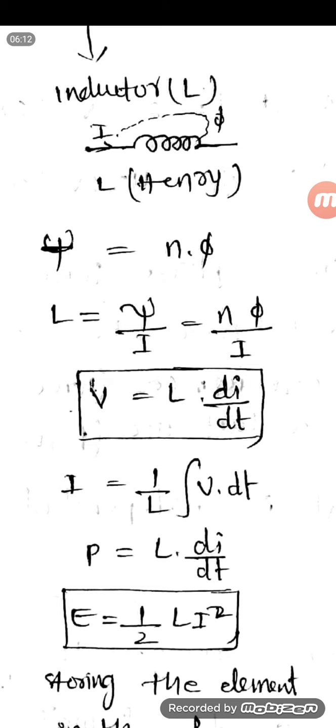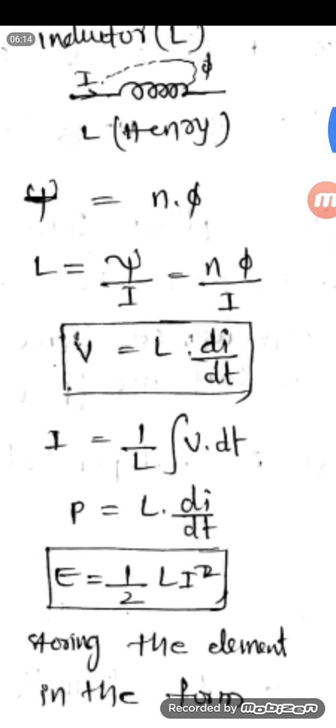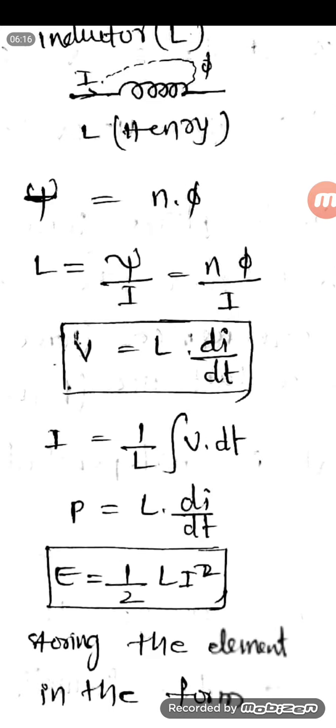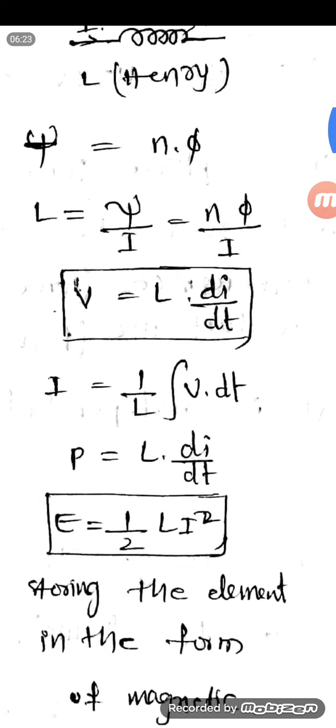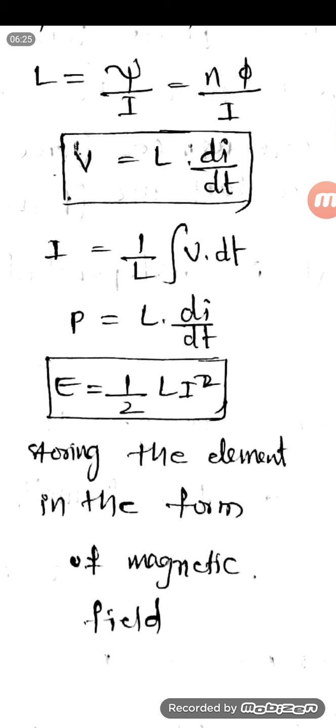V is equal to L di by dt. This is the voltage equation. So I is equal to 1 by L integral V dt. This is the current equation. The power equation is equal to L i di by dt.